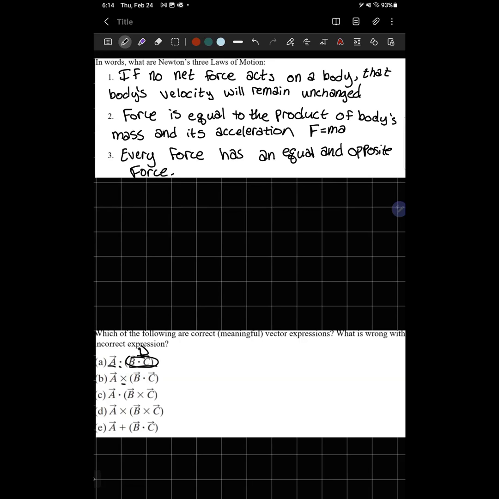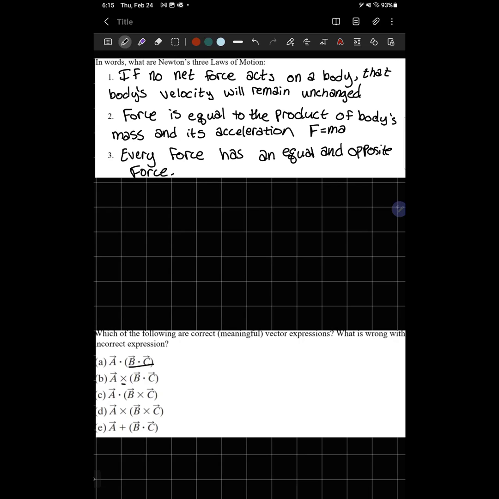Dot and cross products are both vector multiplication. So it's possible to multiply D to A, but you can't dot them. So A would be incorrect, because the outcome of B and C is a scalar, not a vector. Okay, that makes sense.